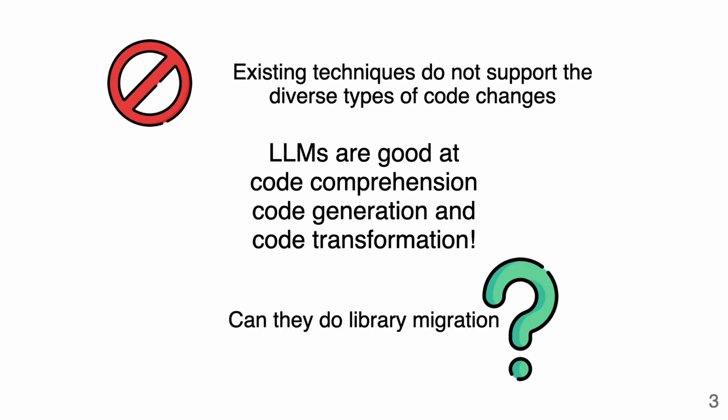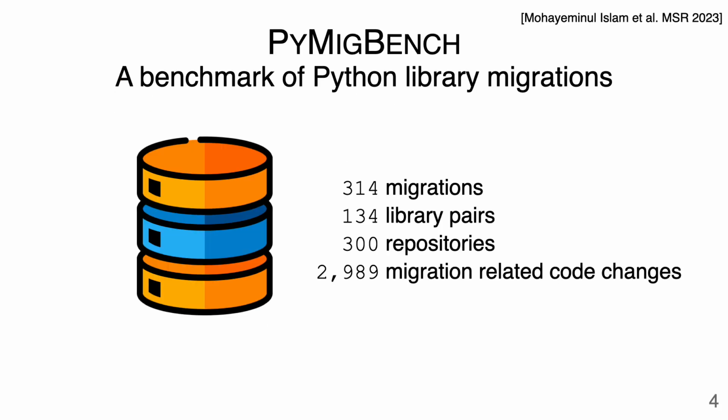This brings us to the question that we investigate in this work: can LLMs do library migration? In this work, we use the PyMigBench dataset, which is also by Mohayemin and some of the collaborators on this work. This dataset was mined from real-world Python projects, so it contains the pre-migrated code and the developer-migrated code.